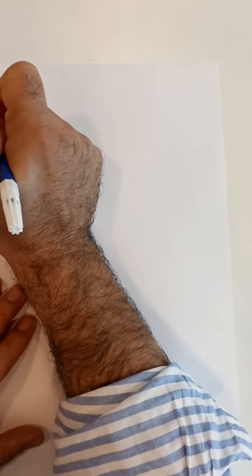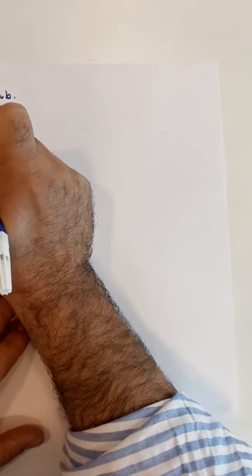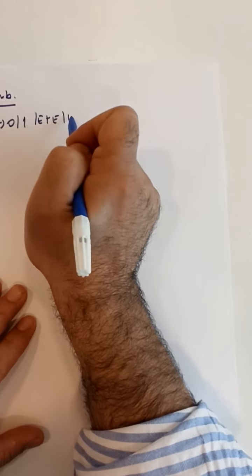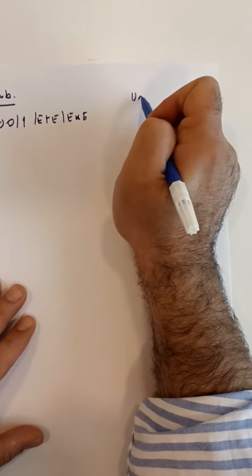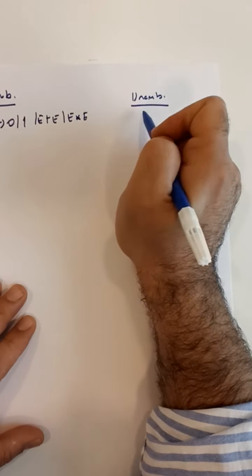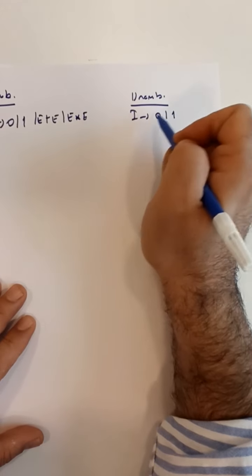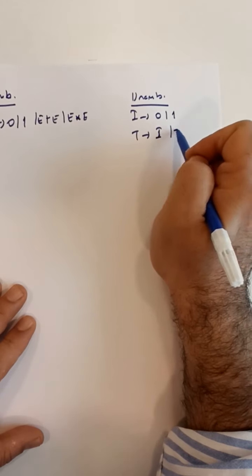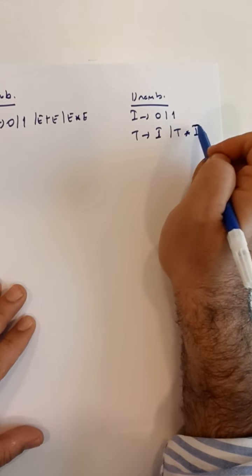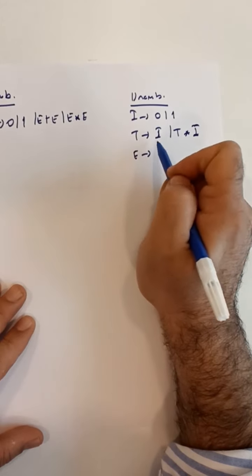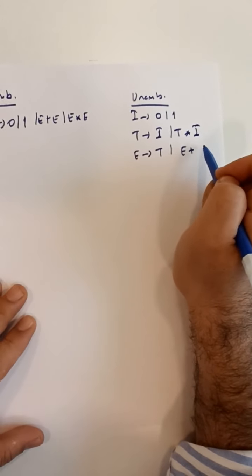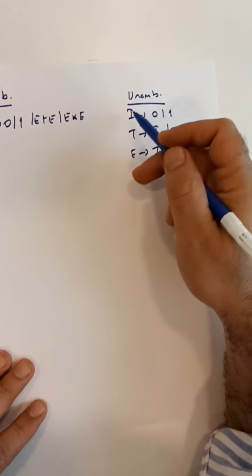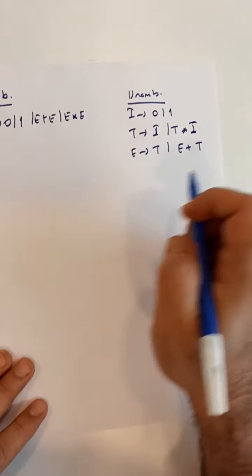Our ambiguous one is e goes to 0, 1, e plus e, e times e, and the unambiguous version was identifier 0 or 1, and then term, which could be simply an identifier, or term multiplied with identifier, and expression may simply be a term or an expression plus a term. Let's see how this unambiguous grammar derives the previous strings.